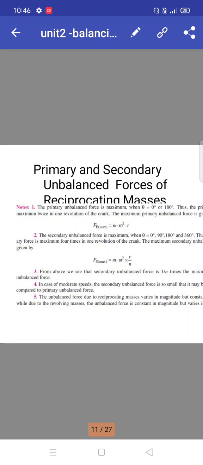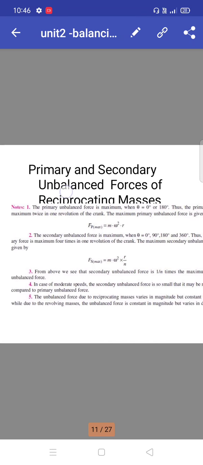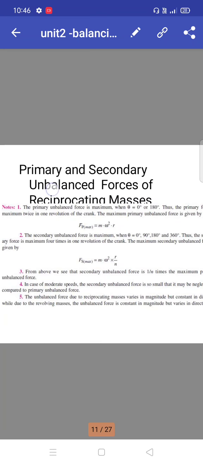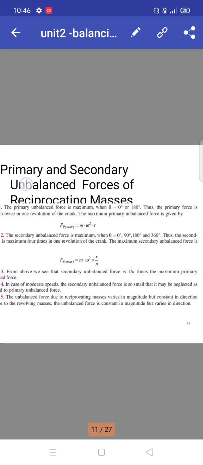From the above, we see that the maximum secondary unbalanced force is 1 by n times the maximum primary unbalanced force. In case of moderate speeds, the secondary unbalanced force is so small that it may be neglected compared to the primary unbalanced force.